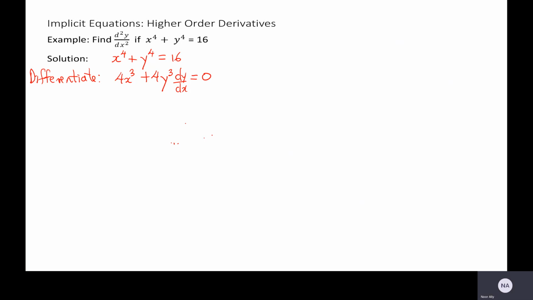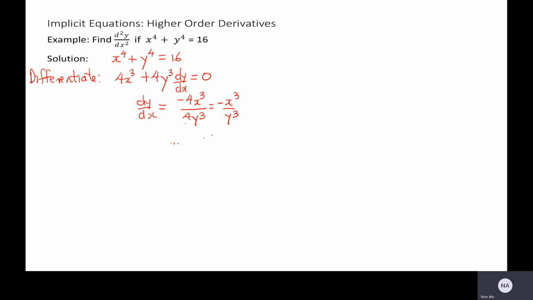Now at this stage, we can continue with the differentiation, or we can find the first derivative directly. So transposing, I get minus 4x cubed, and then divide by 4y cubed gives me an answer minus x cubed over y cubed. So that is my first derivative.